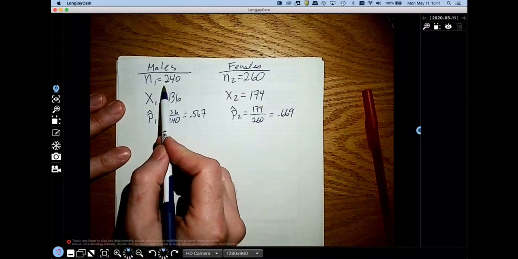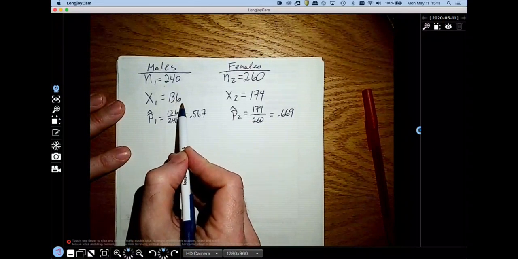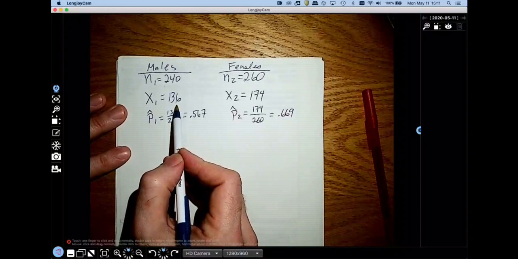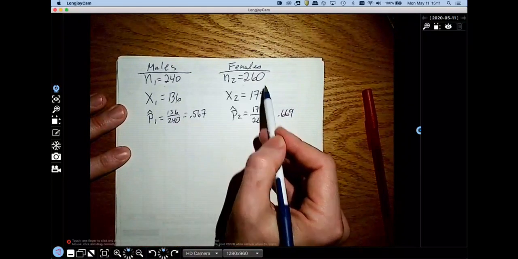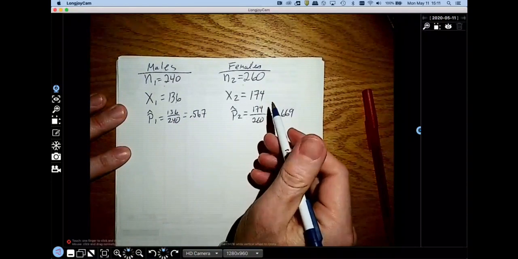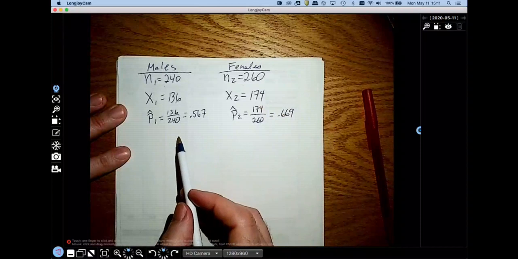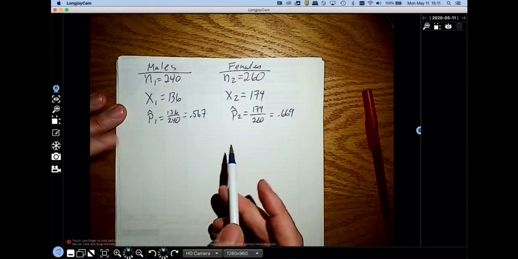I flip the male coin 240 times and observe 136 heads, where the coin comes up yes. I flipped the female coin 260 times and observed 174 heads. What I'd like to know is whether the probability of a head for these two coins is equal.